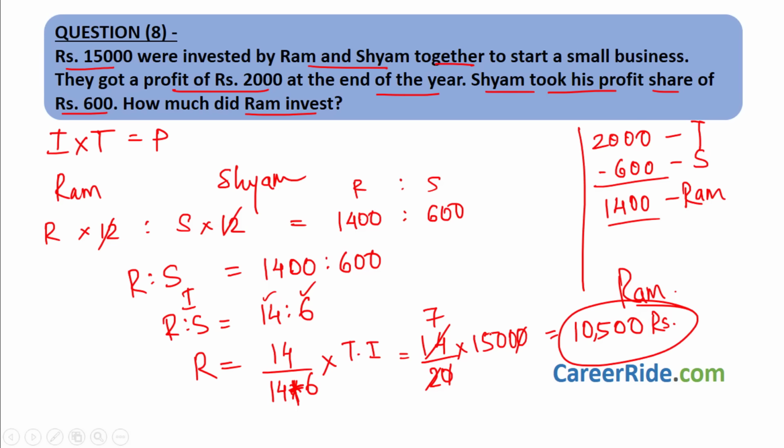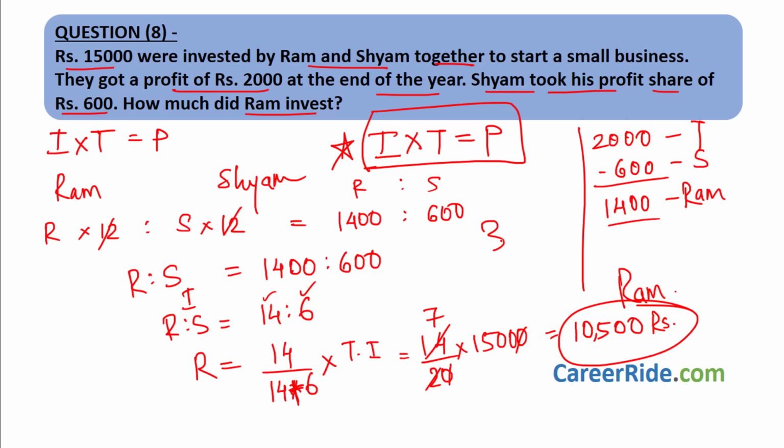See, in these 8 questions, see how easily, using one simple formula of investment into time equal to profit, you can easily solve all the sums related to partnership, and that too under 1 minute. If you practice, you will take hardly 35 seconds to solve these sums.